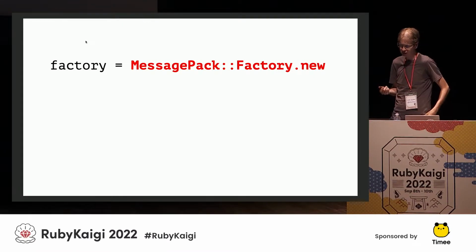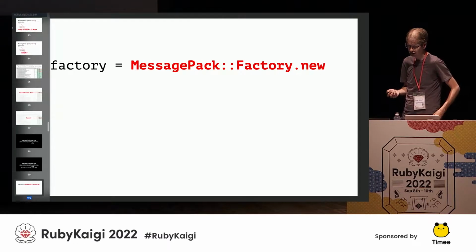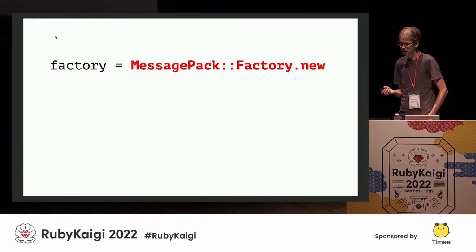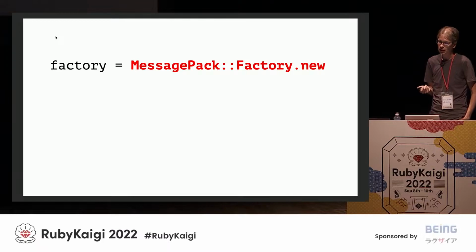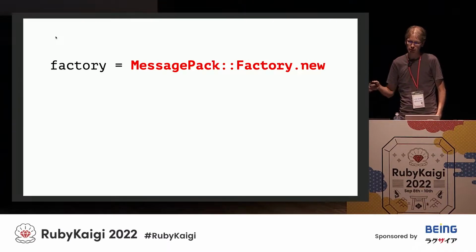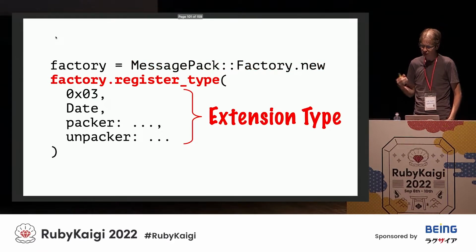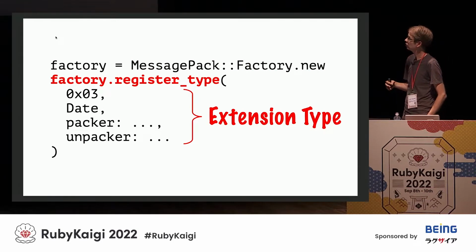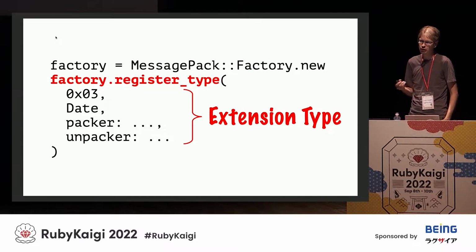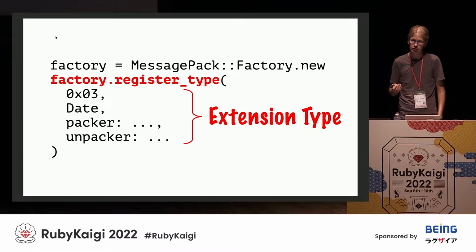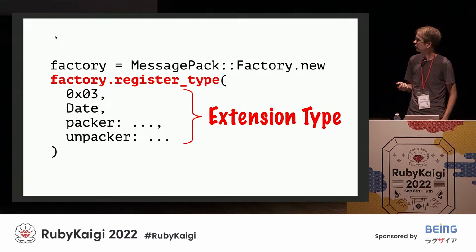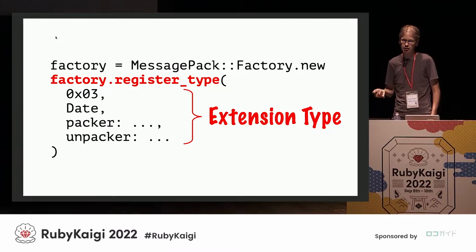This is actually a really killer feature of MessagePack, which is that you can create what are called MessagePack factories. This is MessagePack Ruby I'm working in here, obviously. You can create a factory, and then you can call a method called register_type. Register type will allow you to register what are called extension types, and extension types are basically what allow you to extend MessagePack.